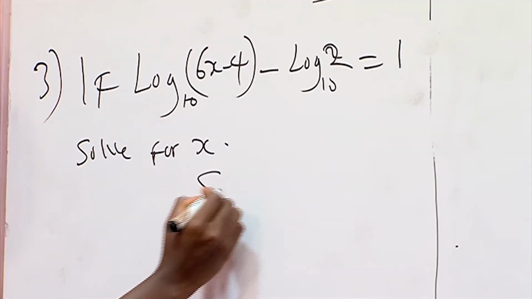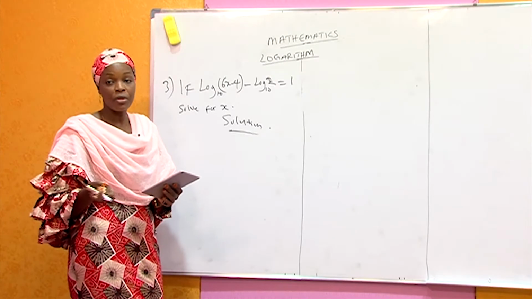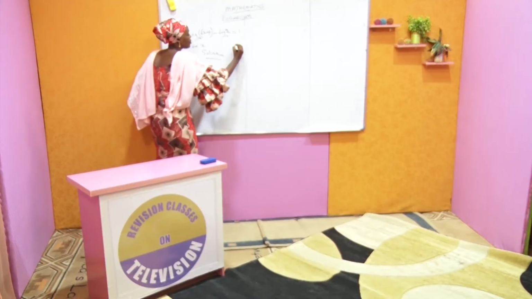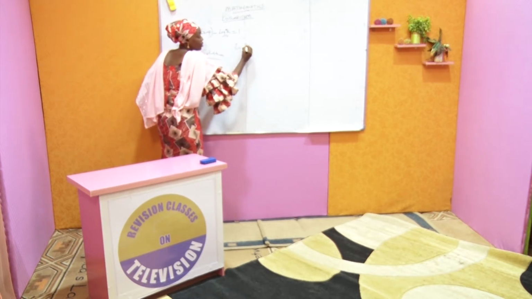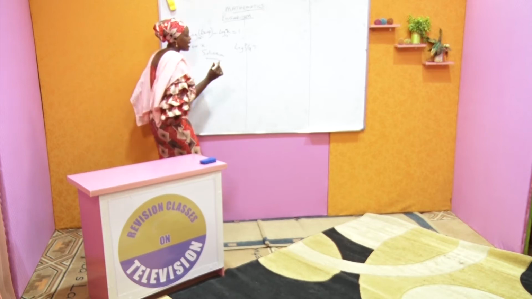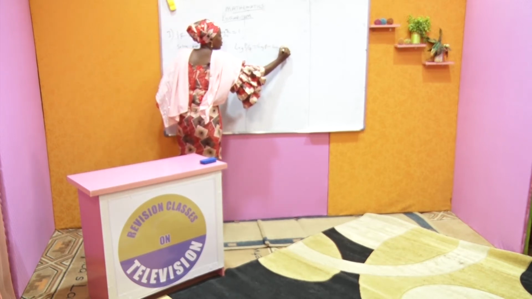How do we solve this? One of the rules of logarithm is the division rule. Let's take for instance, you have log of p over q. You can simplify it as log p minus log q.